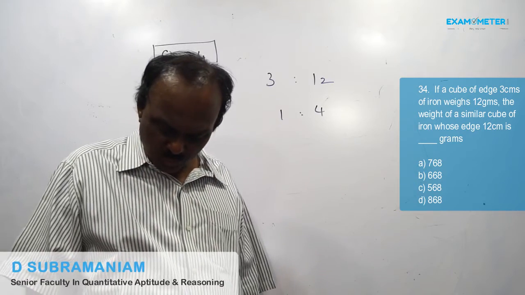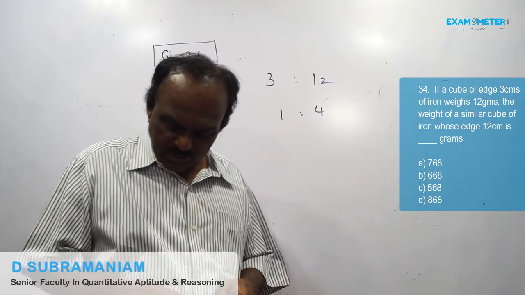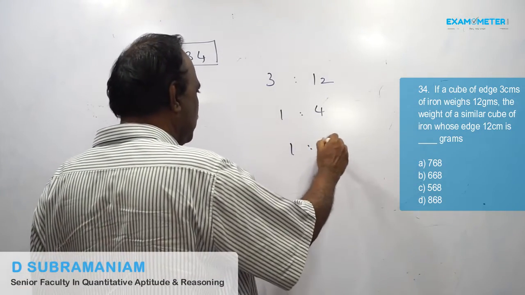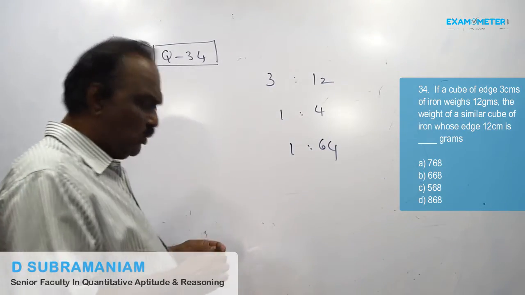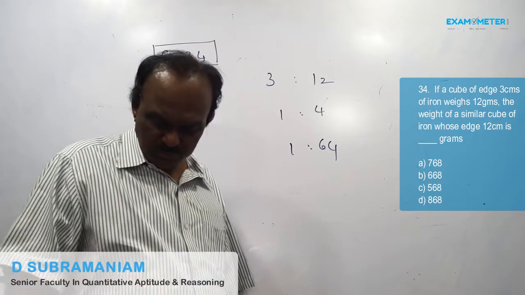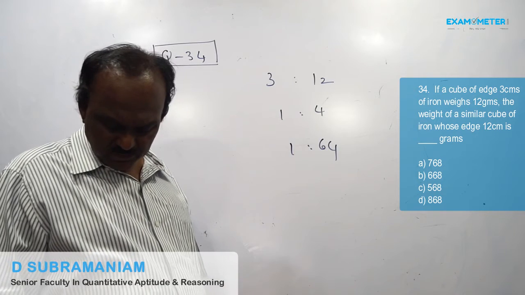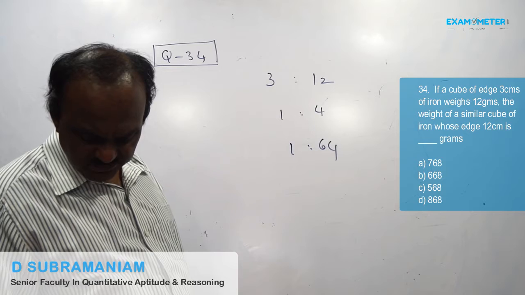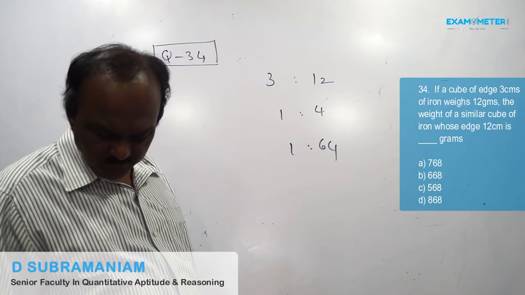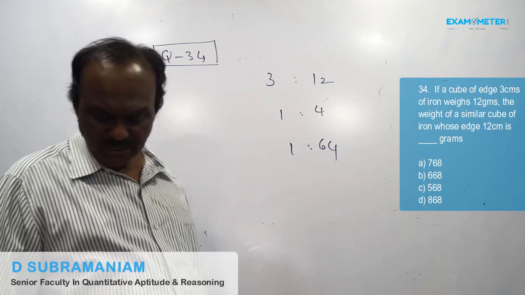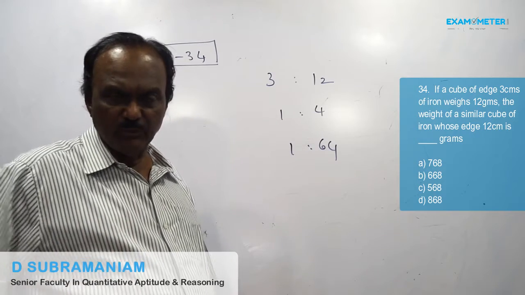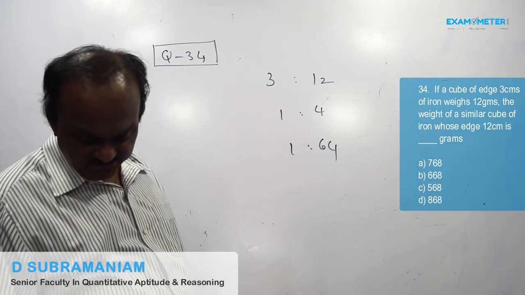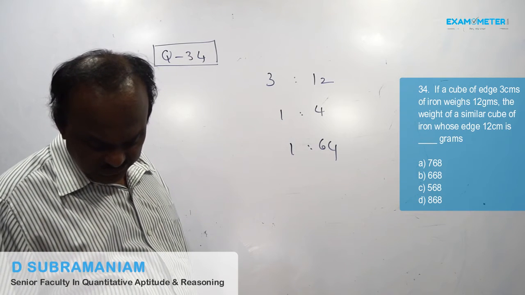That can be reduced to 1:4. So ratio of their volumes is 1 cube is to 4 cube. 1 cube is 1, 4 cube is 64. So it is 64 times. So 12 multiplied by 64. 64 into 12 is 768. So the answer is 768. That is multiple choice A.